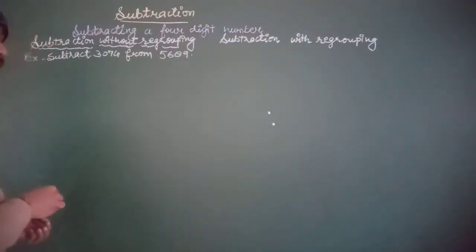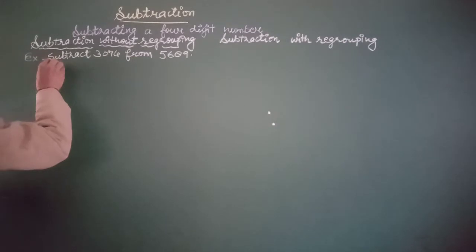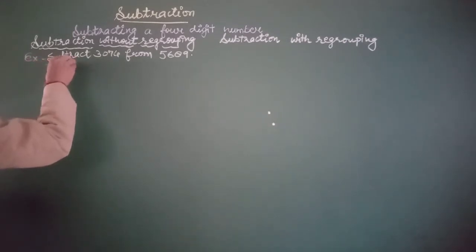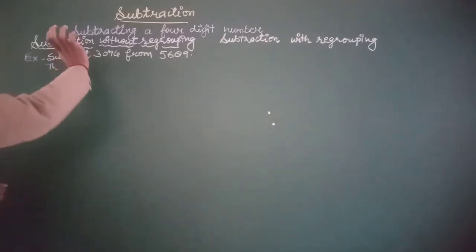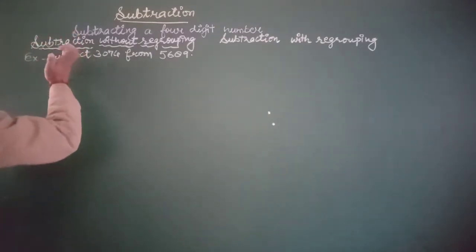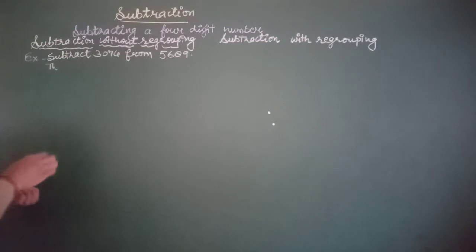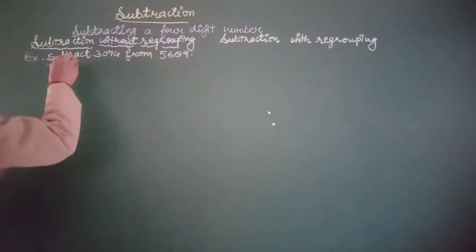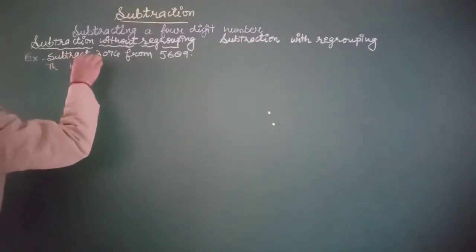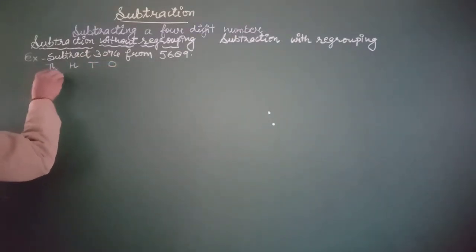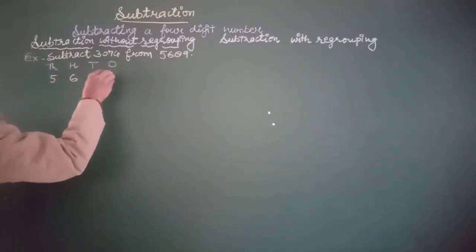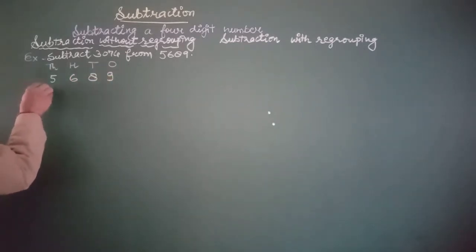Firstly write in columns: thousands, hundreds, tens and ones. Now that is 5689 minus 3074.